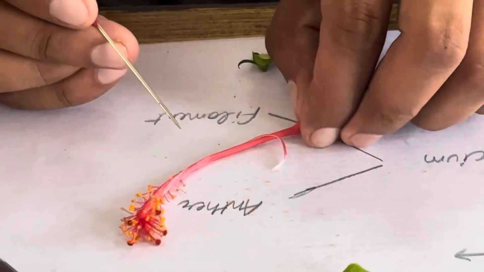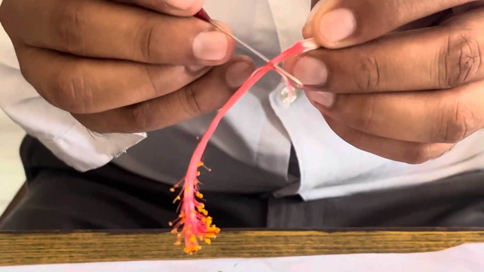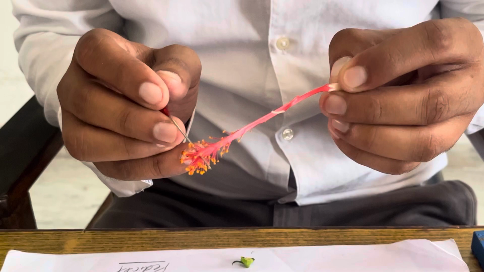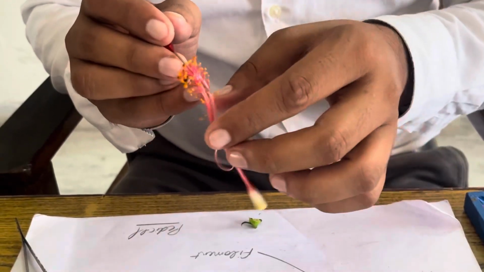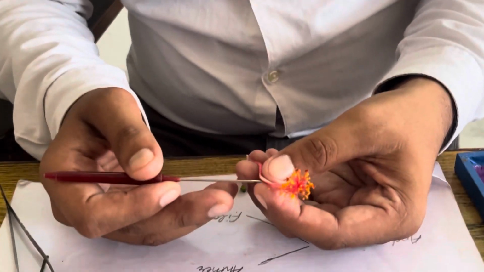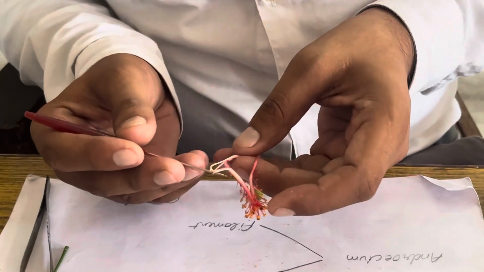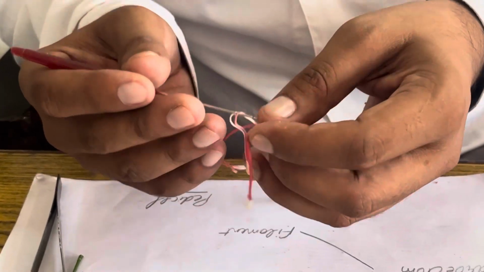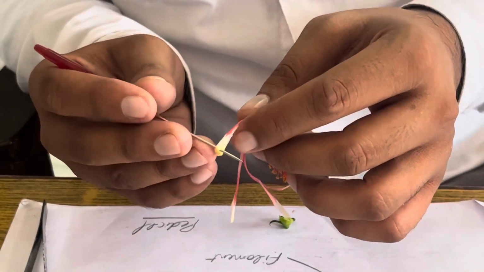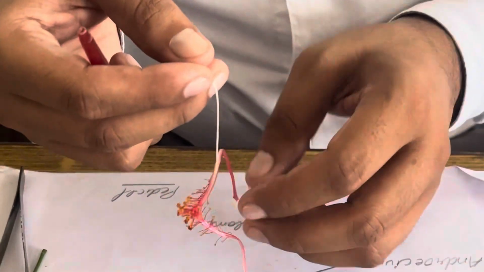Now the main important part is, how do we find the gynoecium, or you can say the female reproductive part? First of all, we have to put the needle inside the part of the flower, and now you can observe that we have found the female reproductive system, and we remove it from the anther, or you can say the androecium.